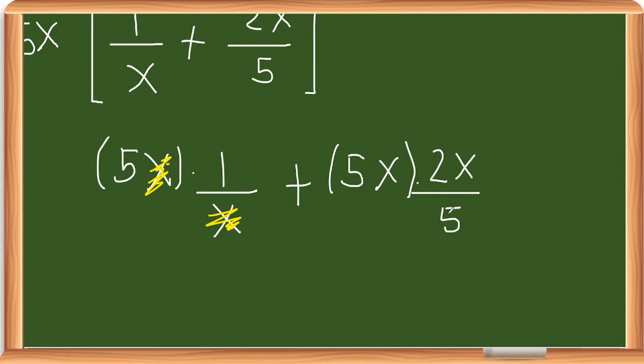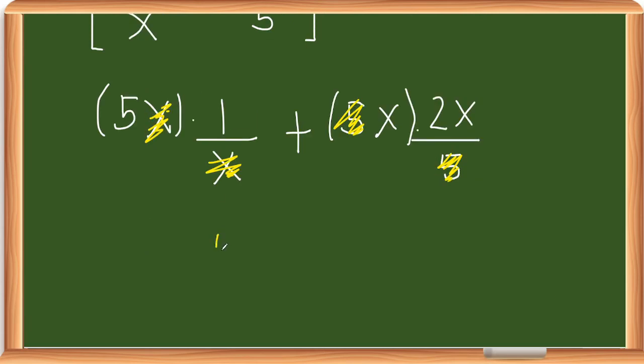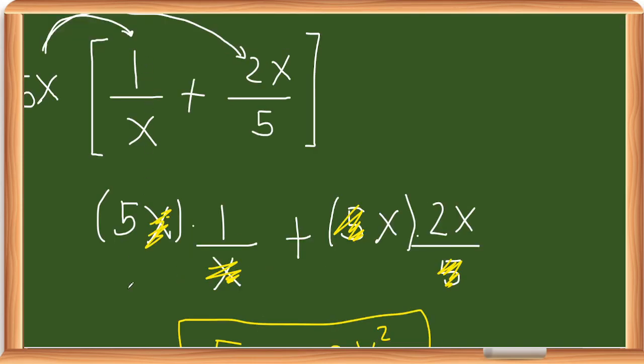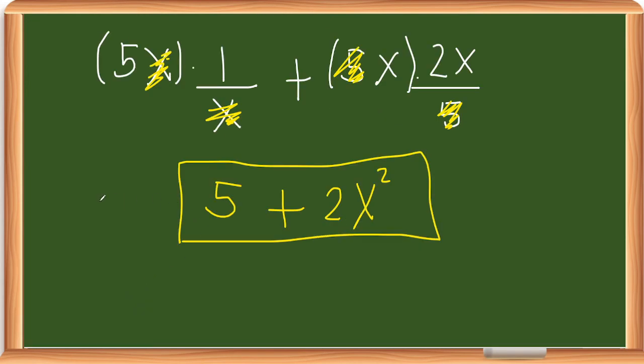Here, what you cancel is the 5, since there is a 5 in the denominator and a 5 in the numerator. That means you have already got rid of the denominators. What remains is 5 times 1, which is 5, plus x times 2x, so we have 2x squared. So that is what happened. The 1 over x plus 2x over 5 can be simplified to this.